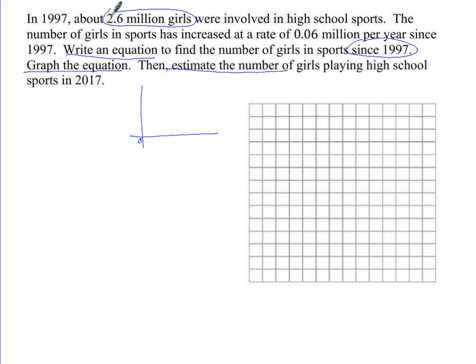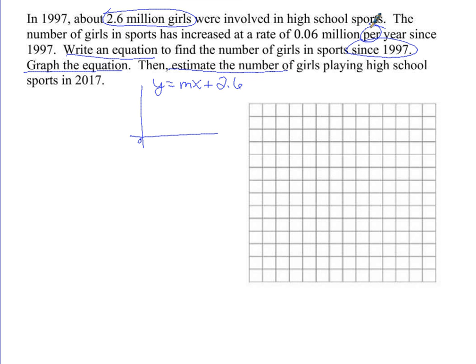So, do I know how many girls were playing sports in 1997? 2.6 million girls were involved in high school sports in 1997. That's my Y-intercept. Okay? So already I have y equals mx plus 2.6 million. Now I just got to figure out my slope. It says the number of girls in sports has increased at a rate of 0.06 million per year.